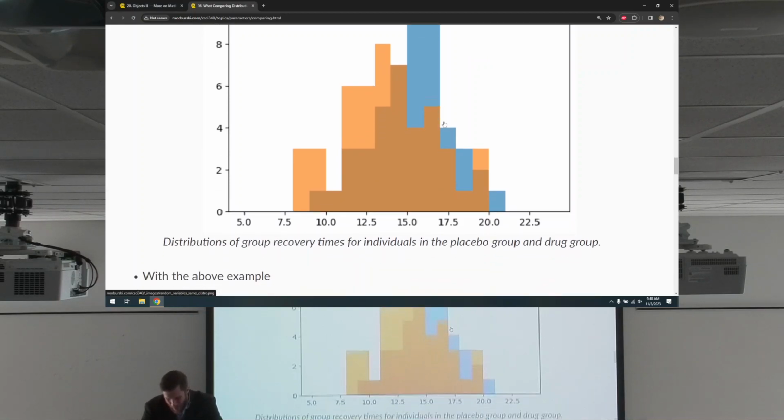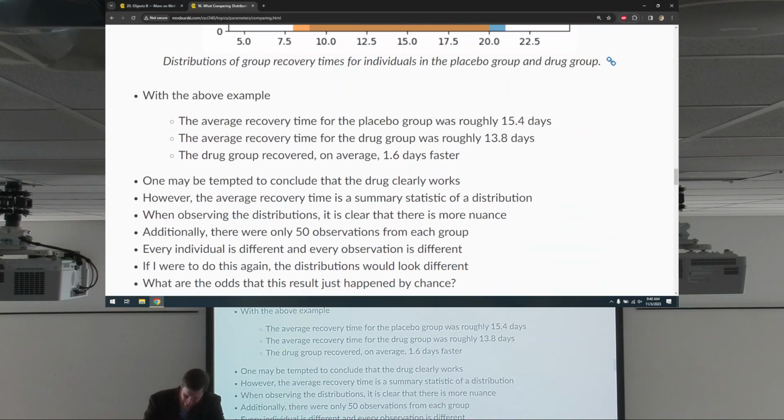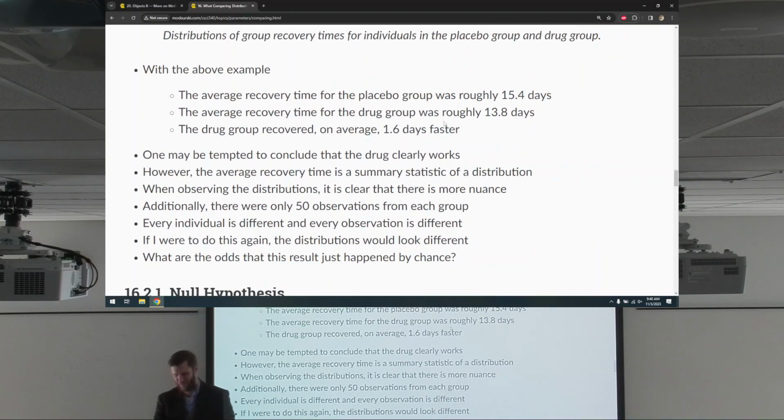So comparing just the means is not great. You might be tempted to conclude that it clearly works based on the averages, but really all I can say from those averages is, on average, one group recovered that much faster than the other. But that's really not a big conclusion. When observing the distribution, it's clear there's more nuance.